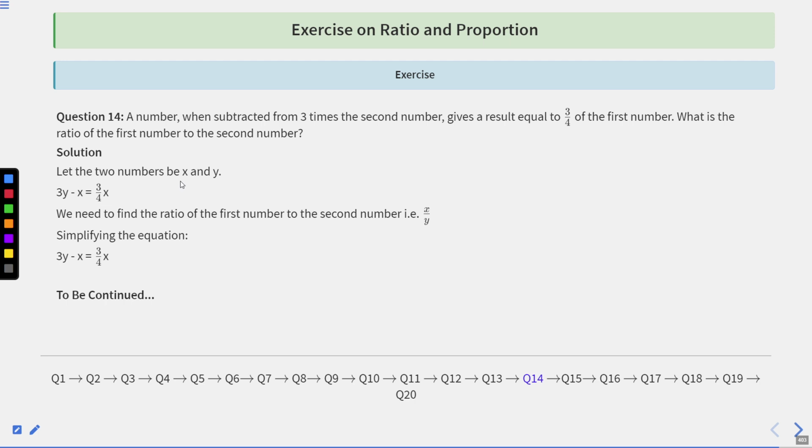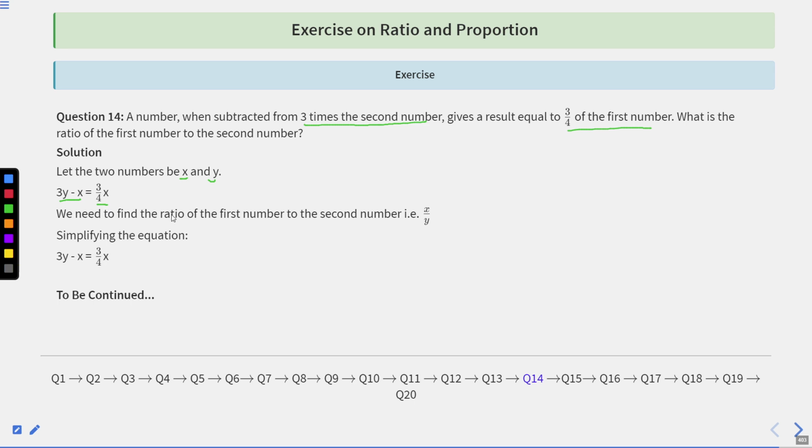First of all, we have to assume two numbers, x and y. So let the first number be x and the second number be y. When we subtract the first number from three times the second number, that means 3y minus x is equal to 3/4 of the first number, that is 3/4 into x.